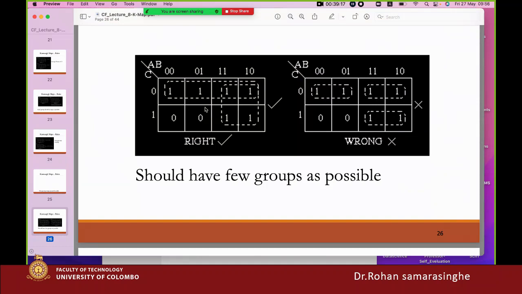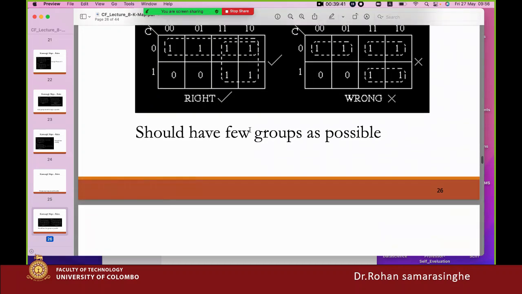In such case, you can group like this. That means when you fold and connect the two edges, you can create a cylinder, and at that time the ones will come together, so that you can group like this.